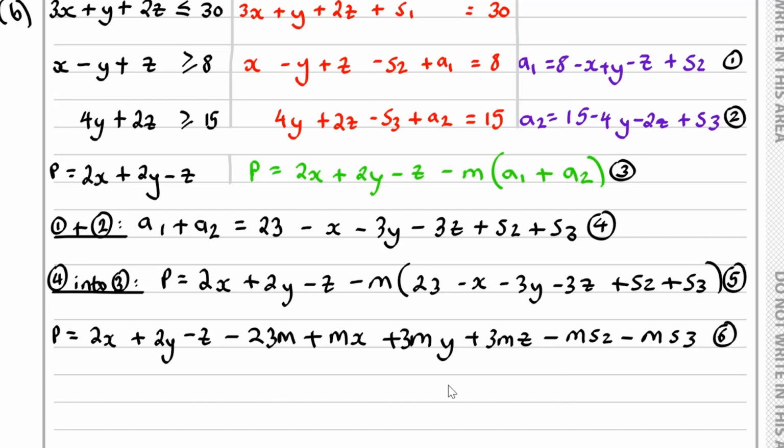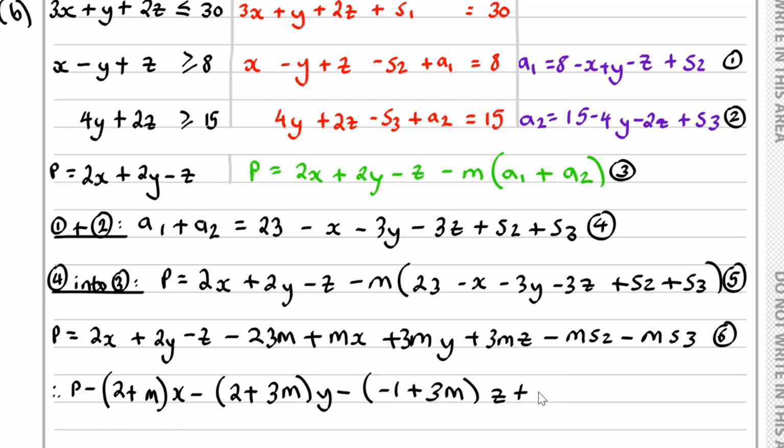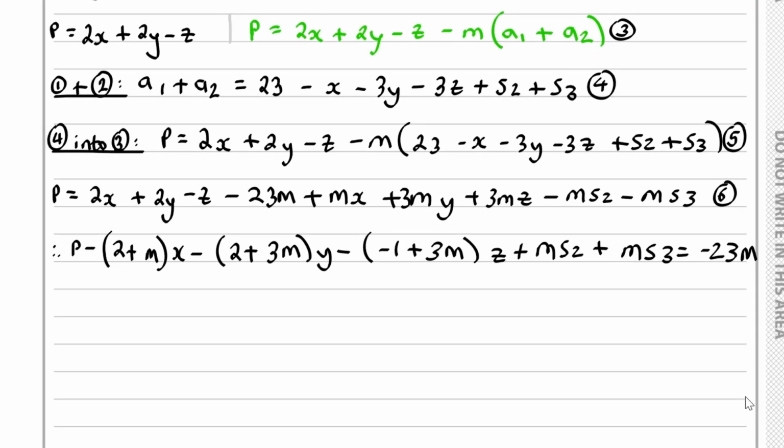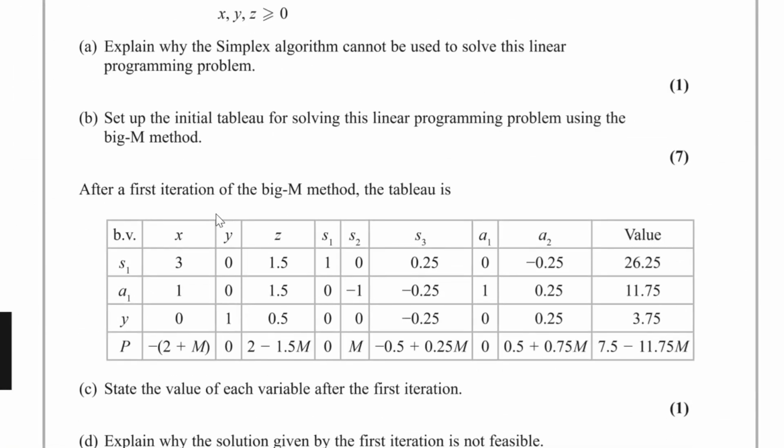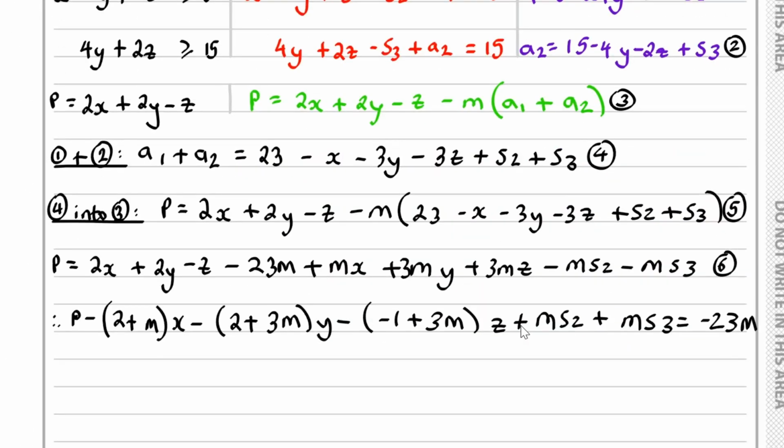And if we therefore rearrange this equation, we have p minus 2 plus m x minus 2 plus 3m y minus 1 plus 3m z plus m s2 plus m s3 equals minus 23m. Okay, and now, having found out what p is, and we've also got these other equations, we can now set up our initial table.